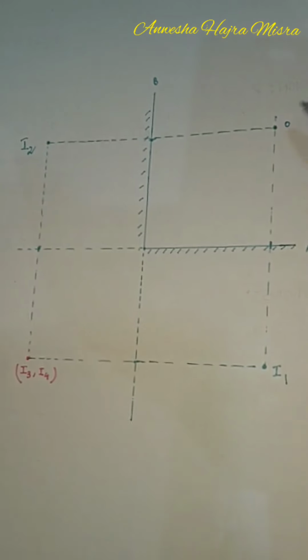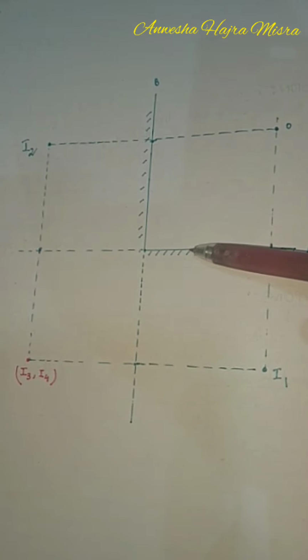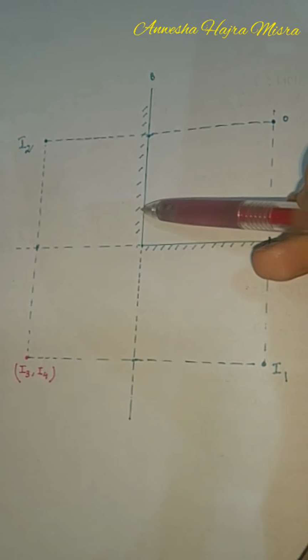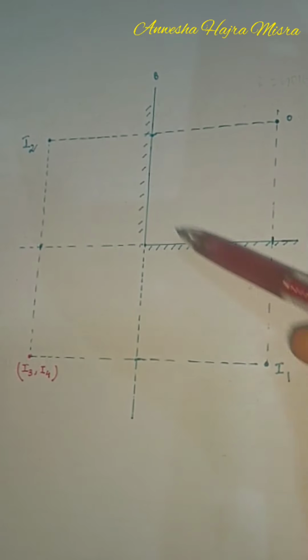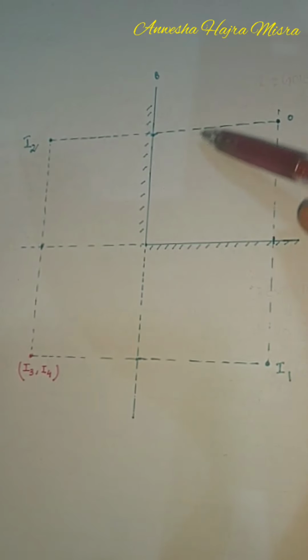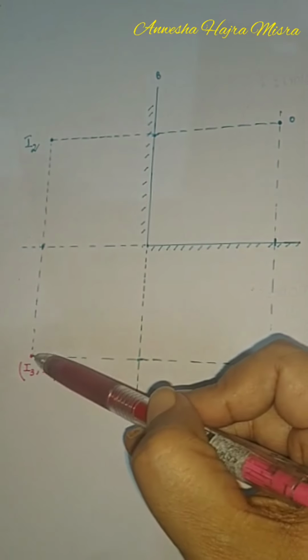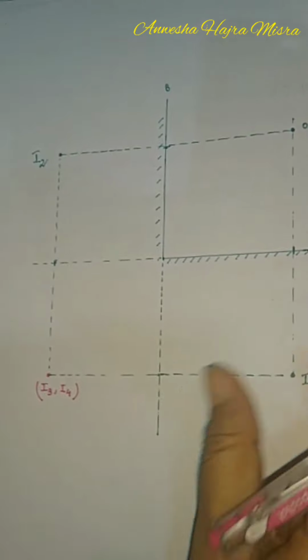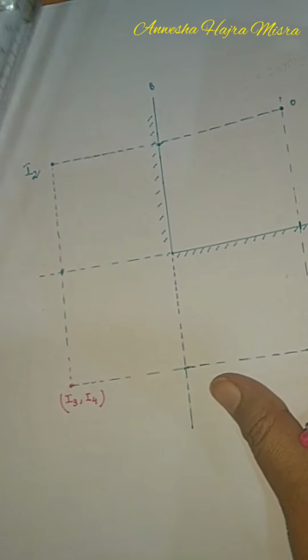Now how is it so? Say mirror, light from this object will fall on this mirror, will get reflected and form I1, will again get reflected from this mirror and will form I3. Now how will you draw? I3 is my third image.